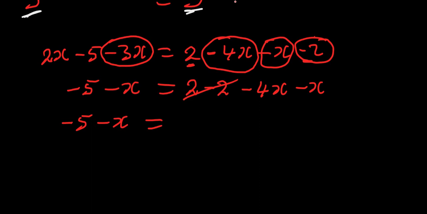Negative 4x minus x is going to give us negative 5x.